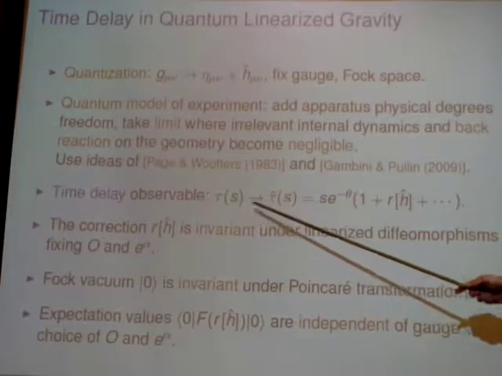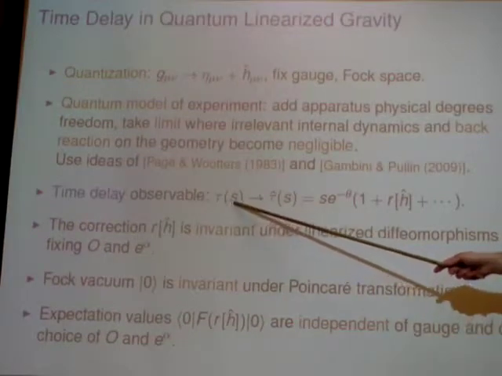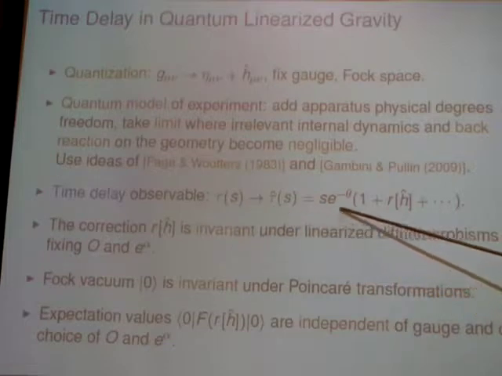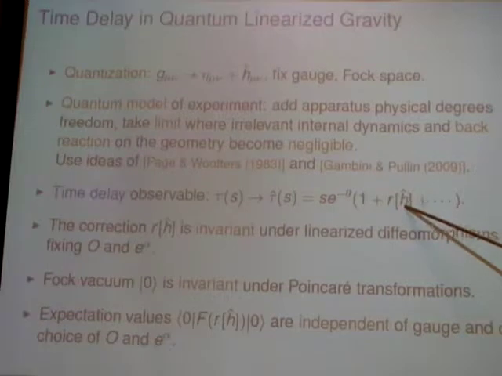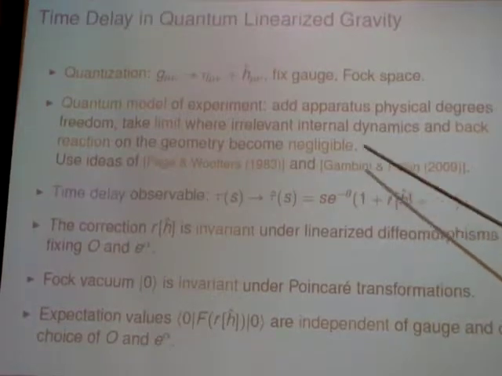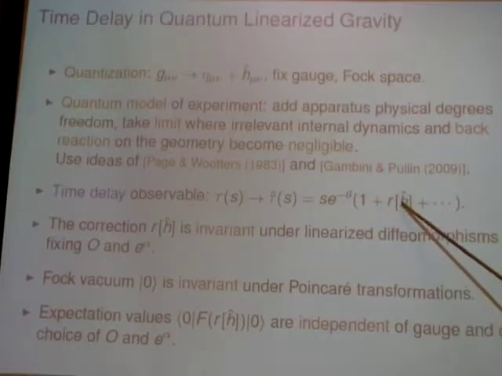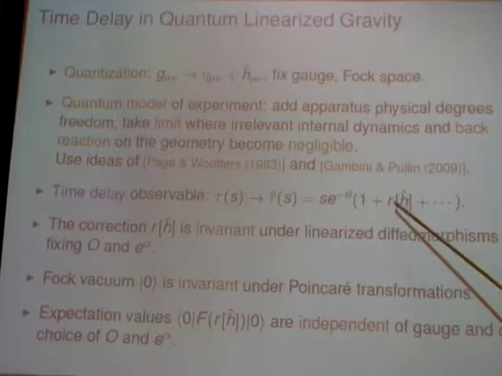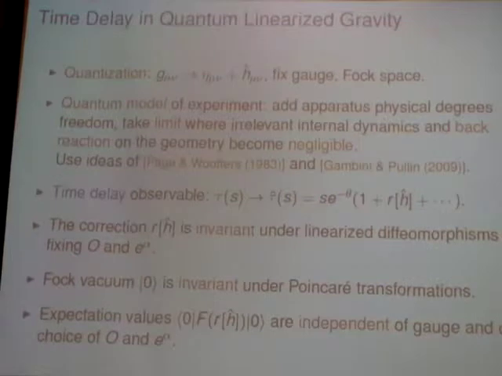When you consider the expansion for the emission time, it has the zero order term, then it has a term that's linear in the graviton field. All the dependence on the experimental apparatus enters into here. Okay, and that dependence is encompassed by the zeroth order geodesic solutions on Minkowski space.